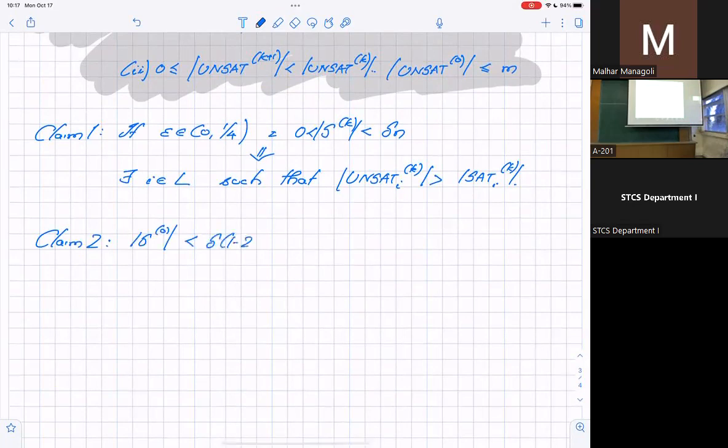This was that for all k, the size of S_k is smaller than that bound.